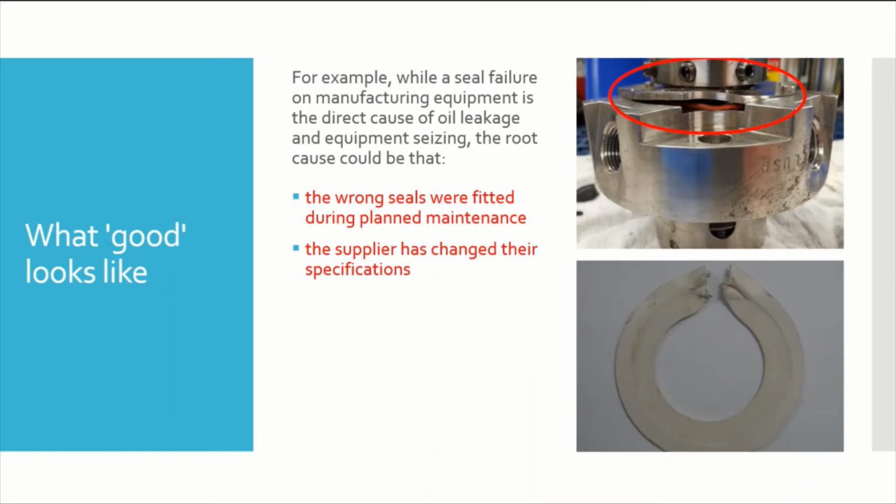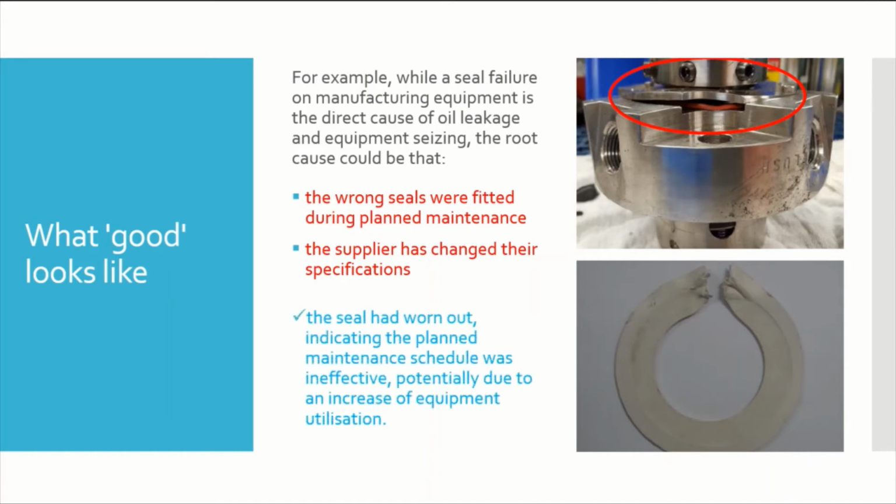But if we dig into the actual root cause, we find that the seal has worn out, indicating the plant maintenance schedule was ineffective, and potentially due to the increase in equipment utilization, it ruptured.